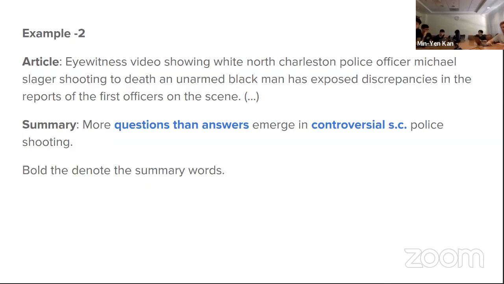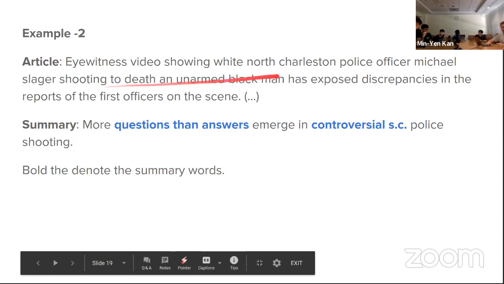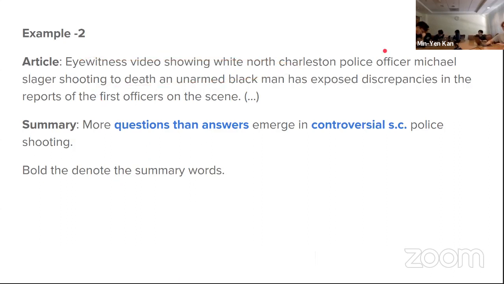And this again should be novel summary words, and this goes: eyewitness video showing white North Charleston police officer Michael Slager shooting to death an unarmed black man has exposed the discrepancies in reports of the first officers on the scene. So the summary is now able to produce, despite more questions than answers emerge. It seems quite handcrafted, but it's quite successful as well: in controversial SC police shooting. These are 2 examples they include in the paper.